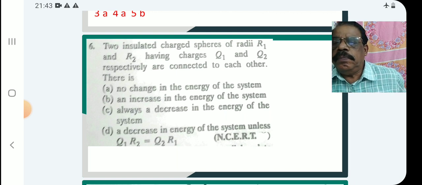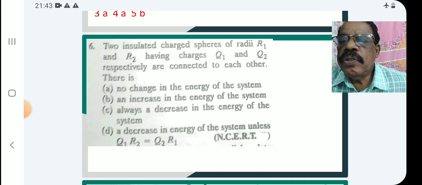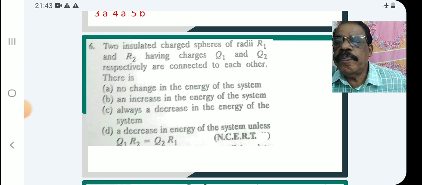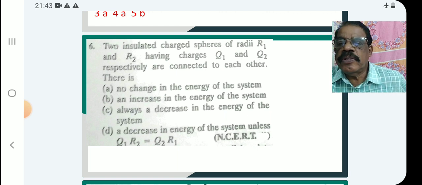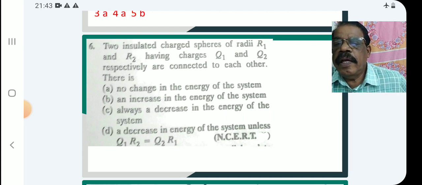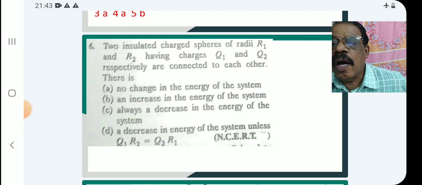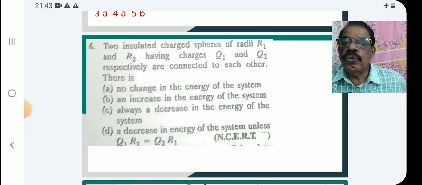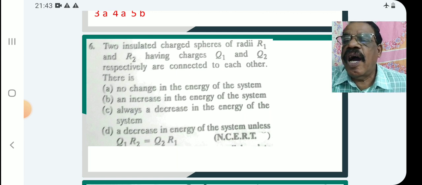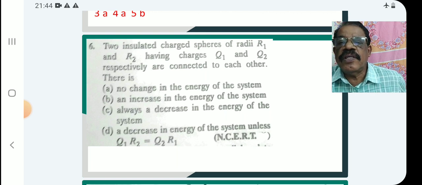There is no change in the energy of the system, or an increase in the energy of the system, or always a decrease in the energy of the system, or D, a decrease in the energy of the system unless Q1 R2 equal to Q2 R1. You look here, two insulated charged spheres of radii R1 and R2 having charges Q1 and Q2 respectively are connected to each other.